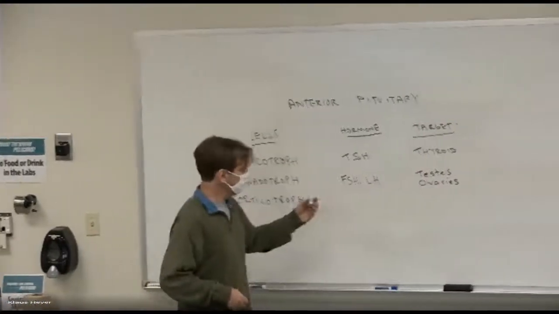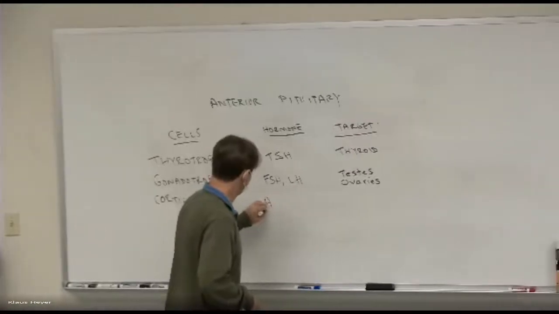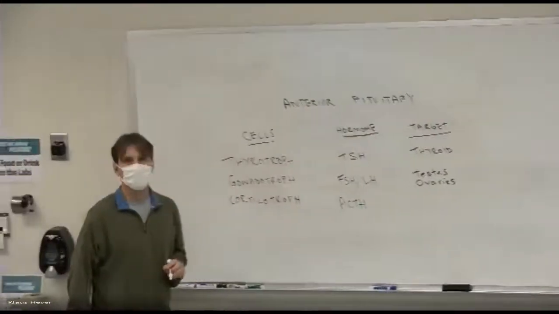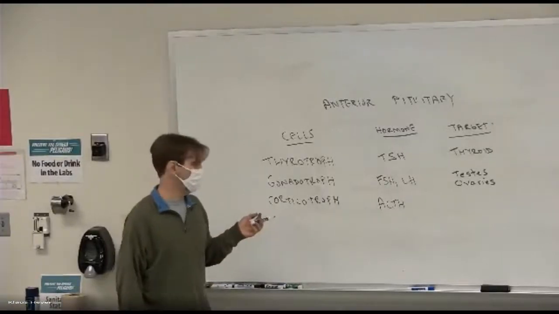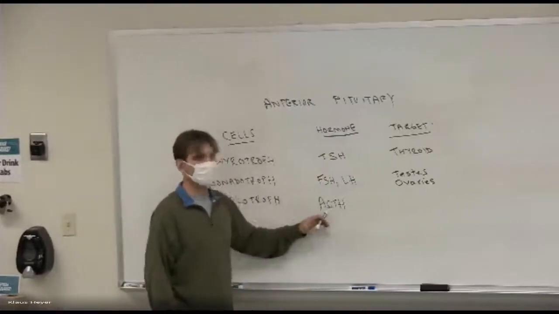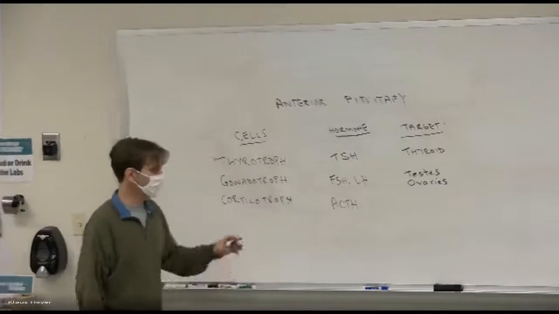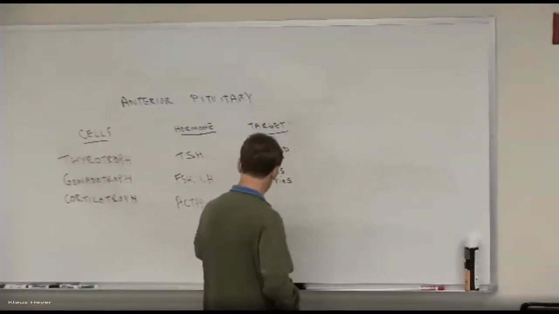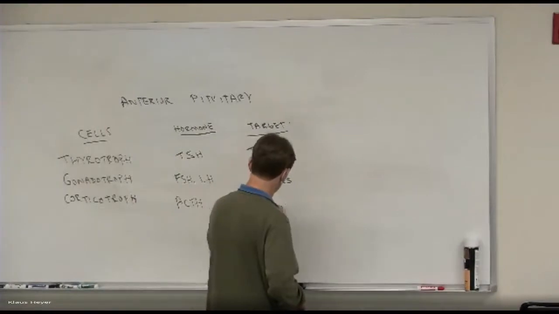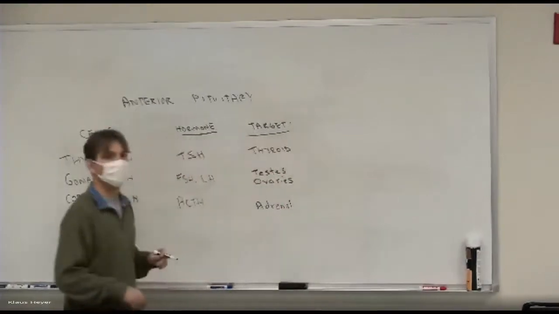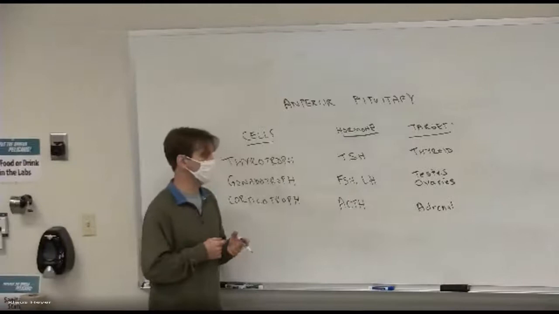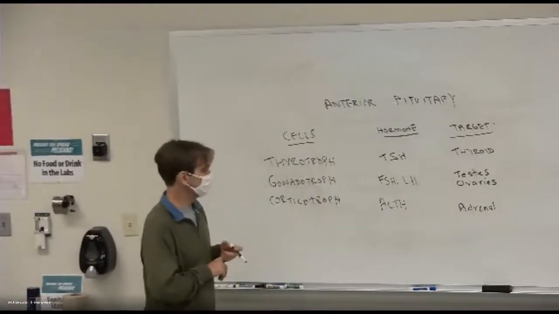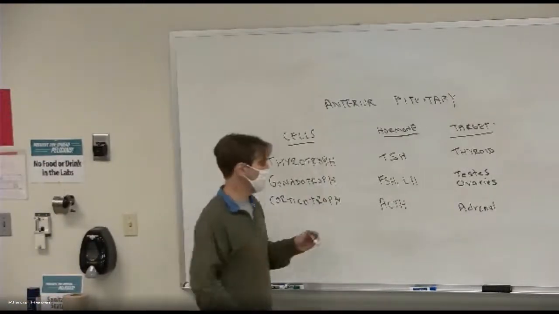The hormone is called ACTH, adrenocorticotropin hormone. We're abbreviating all of these. And there's another one. So ACTH is going to the adrenal glands. The adrenal glands sit on top of your kidneys. MSH is the other one.